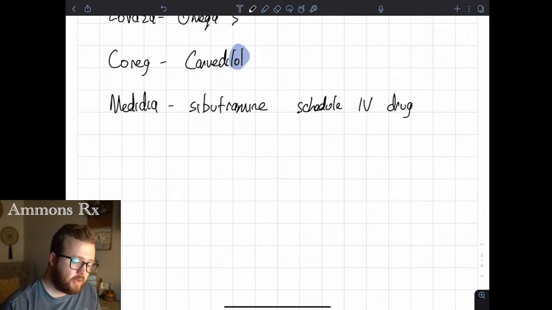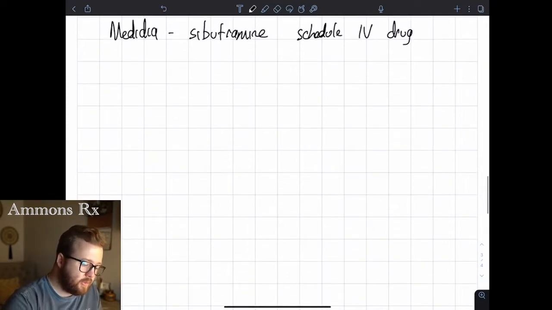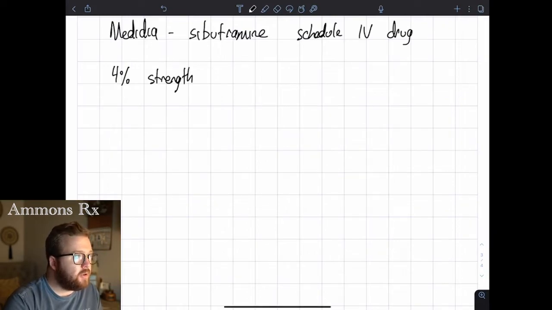Okay, percent strength. I'm glad that there is one on here. So this drug is a 4% strength. How many grams are in 40 mils?